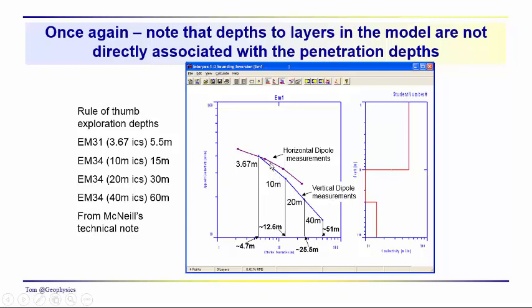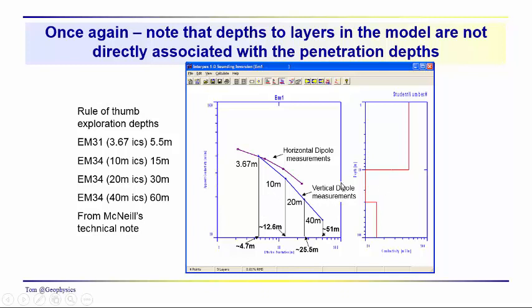We can see the solid lines are the apparent conductivities calculated from the model. The dots that we see here are those observations made in the survey.